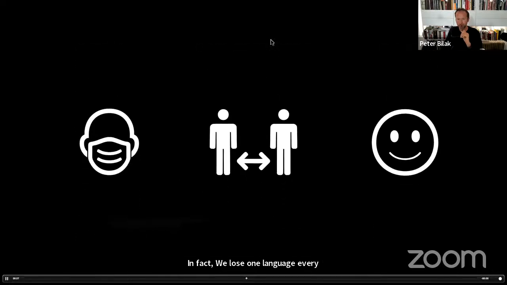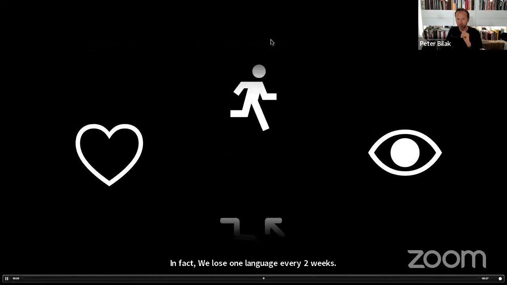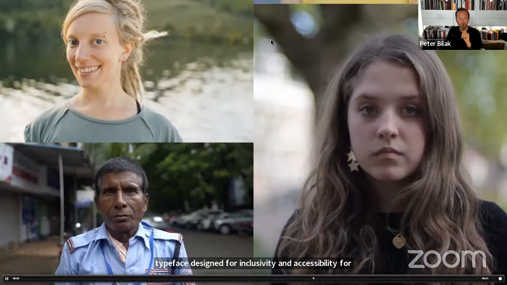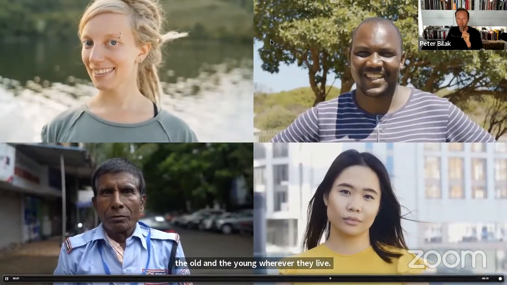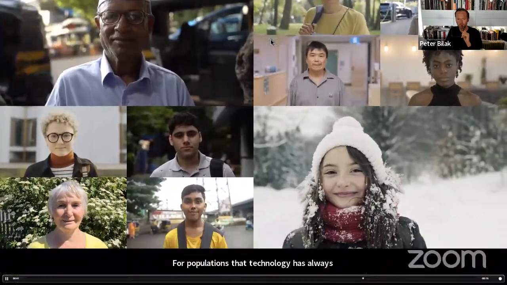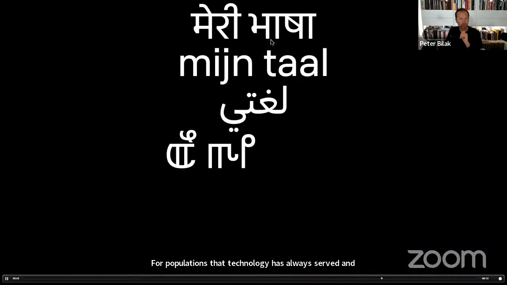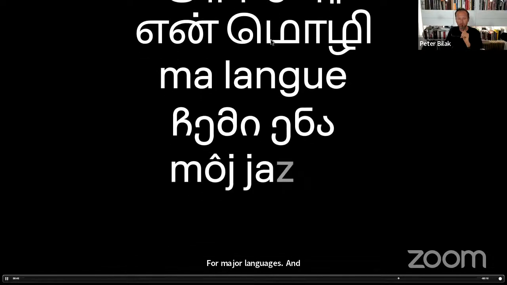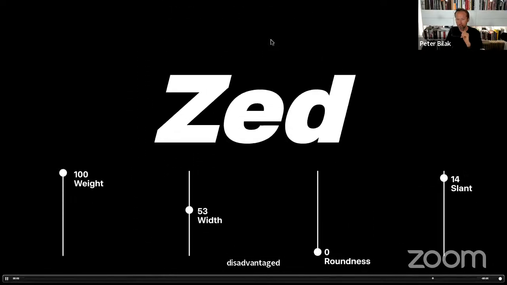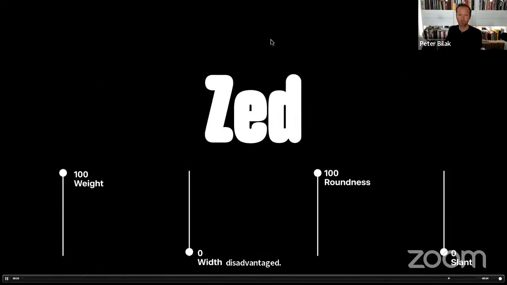Zed is a typeface designed for inclusivity and accessibility for the old and the young, wherever they live, for populations that technology has always served, and for communities it has kept on the periphery, for major languages and those that are digitally disadvantaged. Zed has been created to preserve cultural diversity, a typeface for a better world.